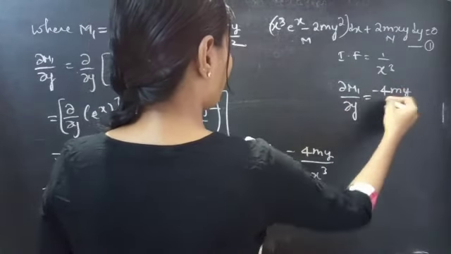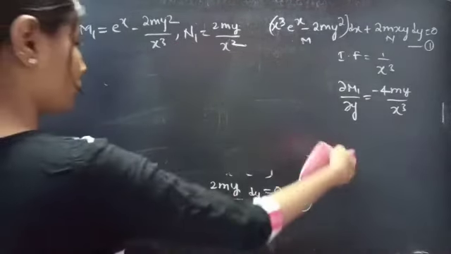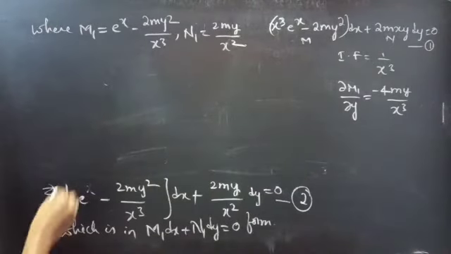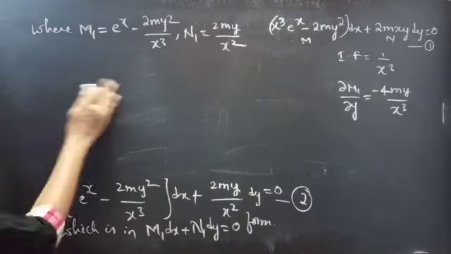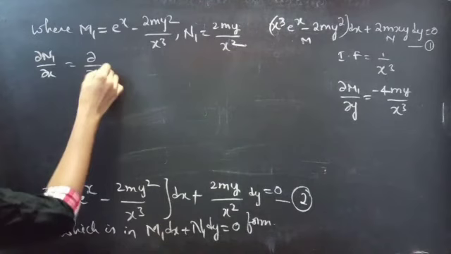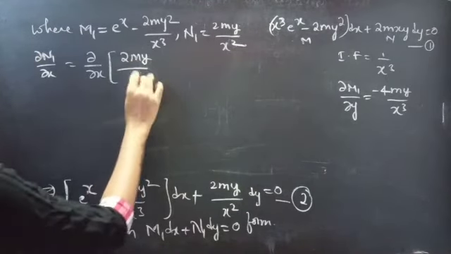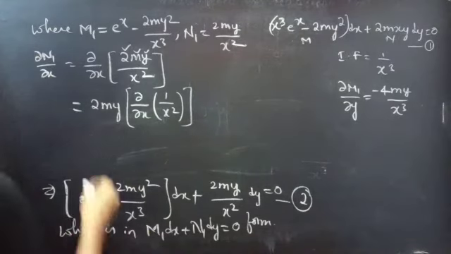Now we'll find the partial derivative of n1 with respect to x. Partial derivative of n1 with respect to x equals dou by dou x of 2my by x square. Here 2my is constant, so you can write this as constant times partial derivative of 1 by x square. Since we are doing partial derivative with respect to x, we'll treat the remaining variables as constant.